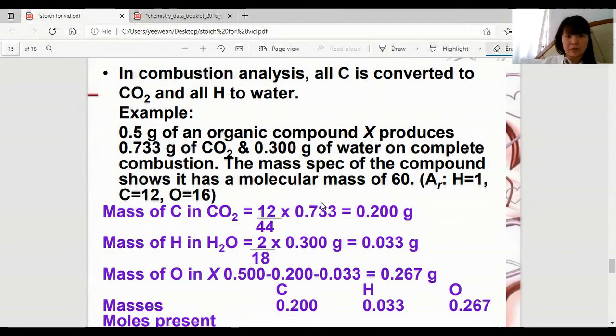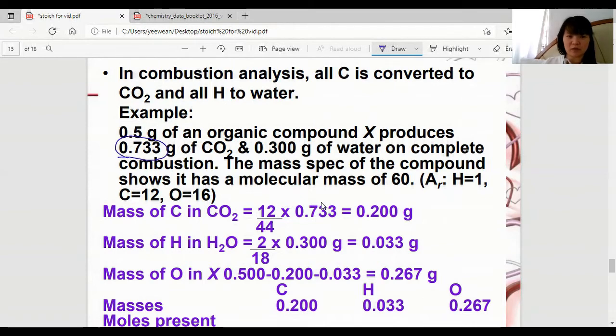Okay, so in combustion analysis, all the carbons in the hydrocarbon or the organic compound will be converted to carbon dioxide, and all the hydrogen atoms will be converted to water. For example, 0.5 grams of an organic compound. It says organic compound, it doesn't mean that it's a hydrocarbon. It might contain oxygen. So if it contains oxygen, then it's not a hydrocarbon. 0.5 gram of this organic compound produces 0.733 grams of carbon dioxide.